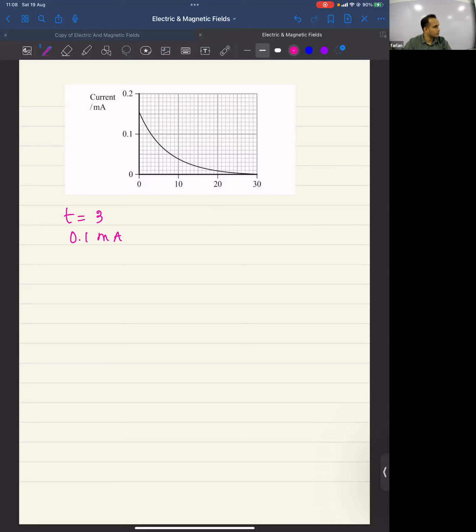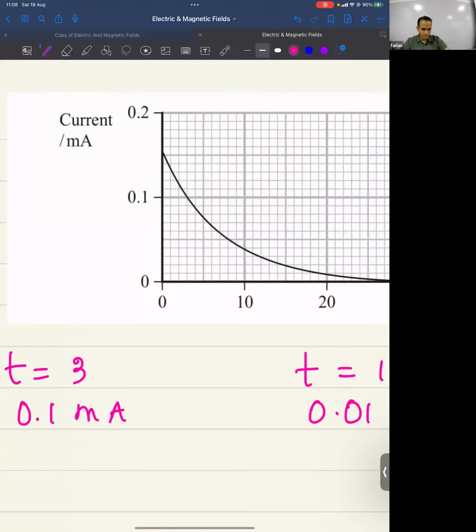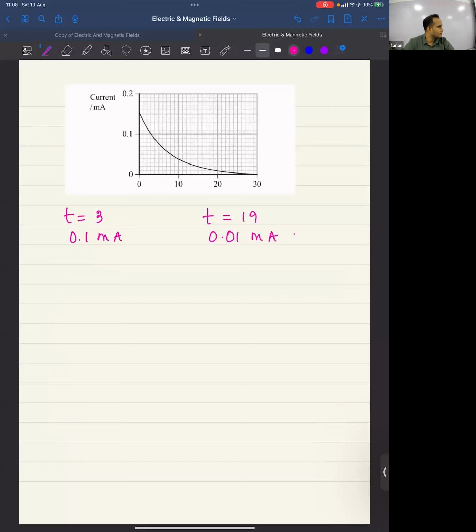That's an obvious thing now. And also another obvious thing is at t equals 19, current is 0.01 milliamperes, right? Agree? I'm doing this because we are not very clear about the initial current, it's not an exact value. There's a small confusion there, right?